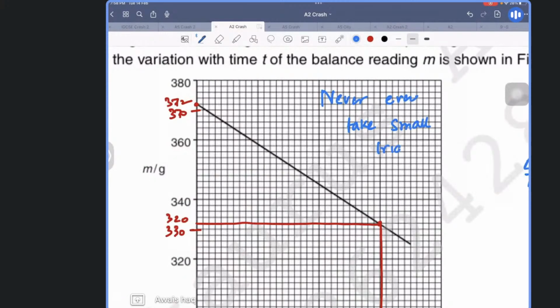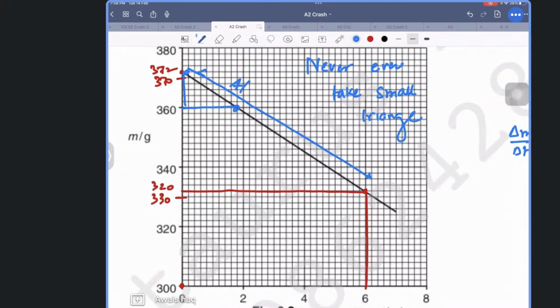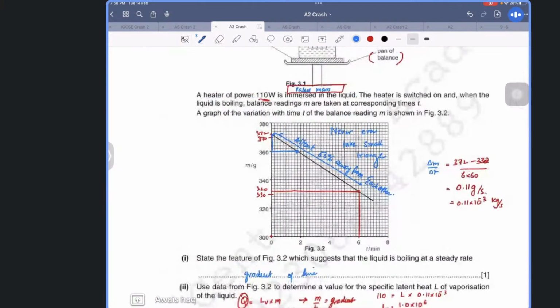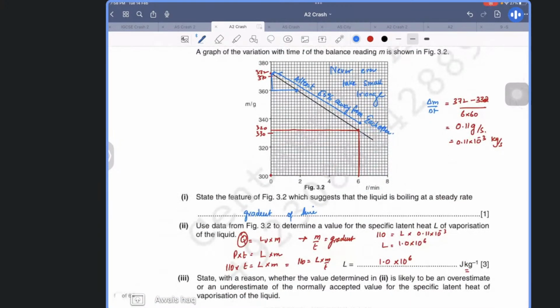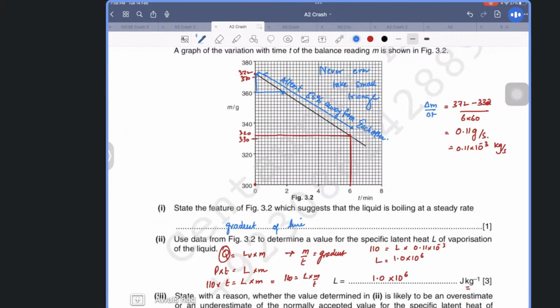Some people would feel, okay, this is an easy point, so why can't I take just this point and this point or something like that. Make sure that when you're taking 2 points, they should be at least, and that's for paper 5 as well, at least 50% away from each other. So that's a tip that you should always follow in many questions, and usually if you do not do that, you will get penalized. Okay, is it clear?